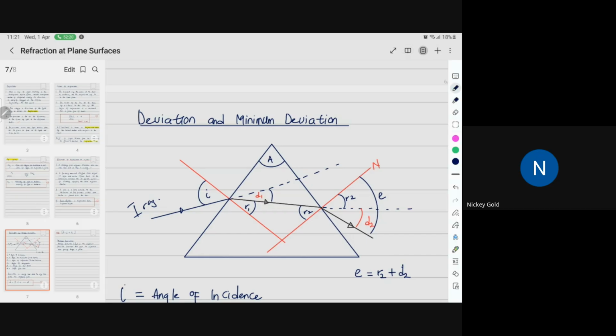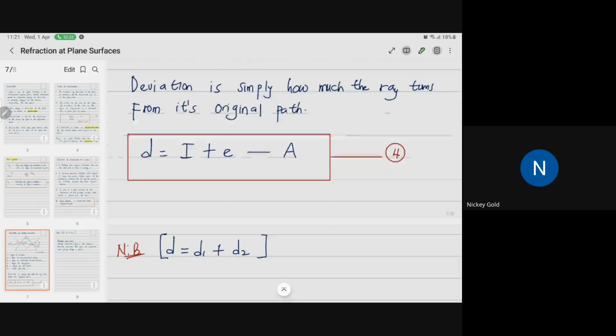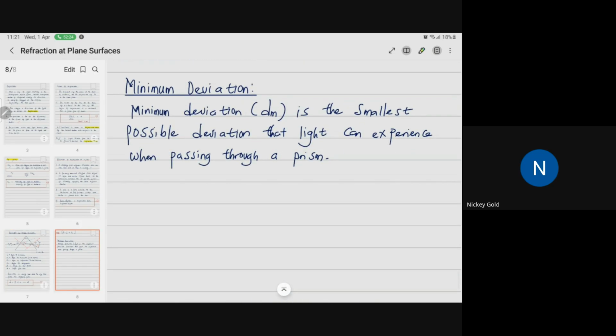These things are not clicking again. Okay, so now let's talk about angle of minimum deviation.